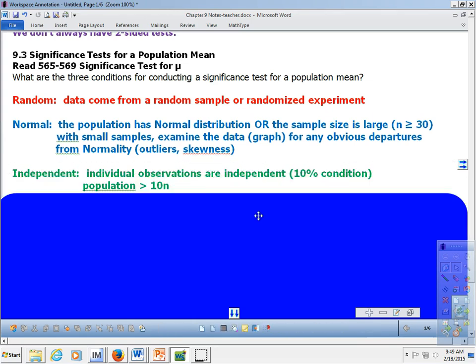And of course, independent: we want to make sure that our observations are independent. We haven't really seen an independent check when we're pulling data from a randomized experiment, and we will, but that will sound a little bit different than what it does for random sample data.